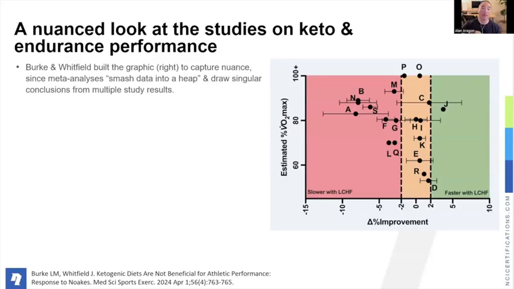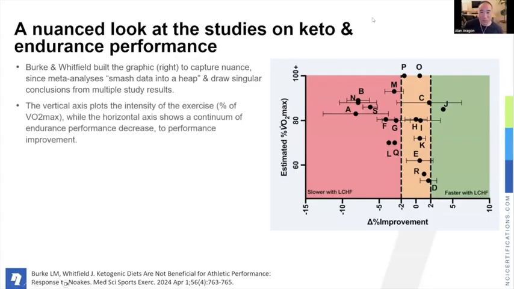It shows that in some studies, the ketogenic diet caused a performance decrement. In other studies, well, in one exceptional study, it caused a performance improvement. And in several studies, there was no significant difference in performance between the ketogenic condition and the control condition.